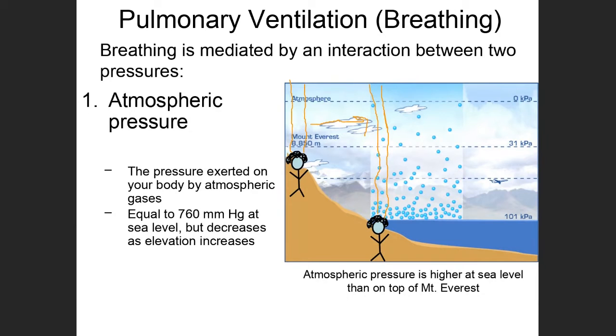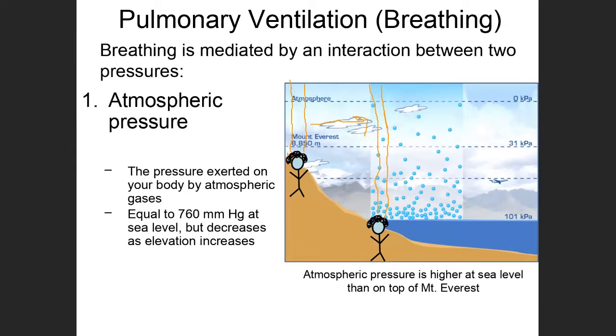What we actually see on top of Mount Everest is that atmospheric pressure is about a third of the atmospheric pressure at sea level. So atmospheric pressure can change. If you're staying at the same elevation, it's basically staying the same. But if you go up or down in elevation, it's going to decrease or increase below or above that 760 millimeters of mercury, because that's just for someone who's standing at sea level.